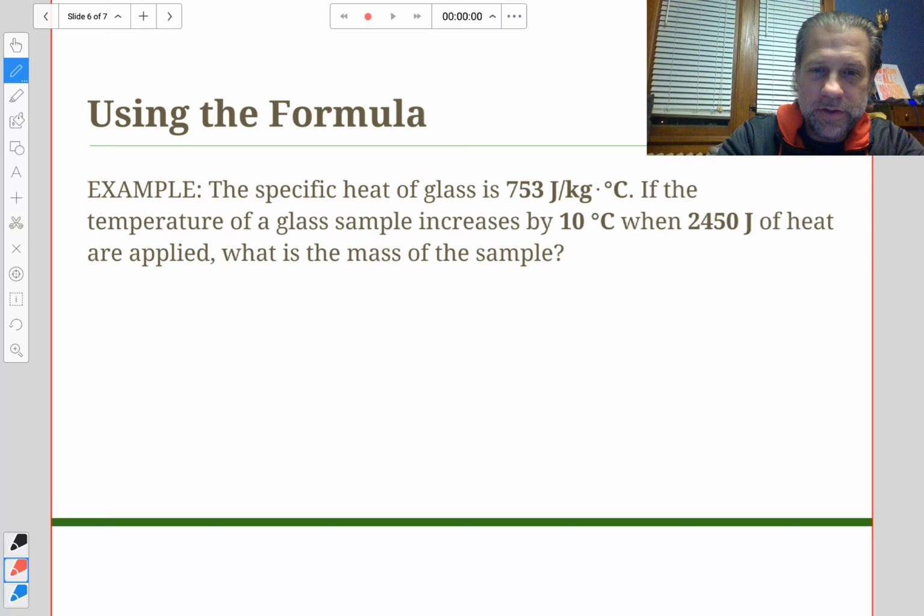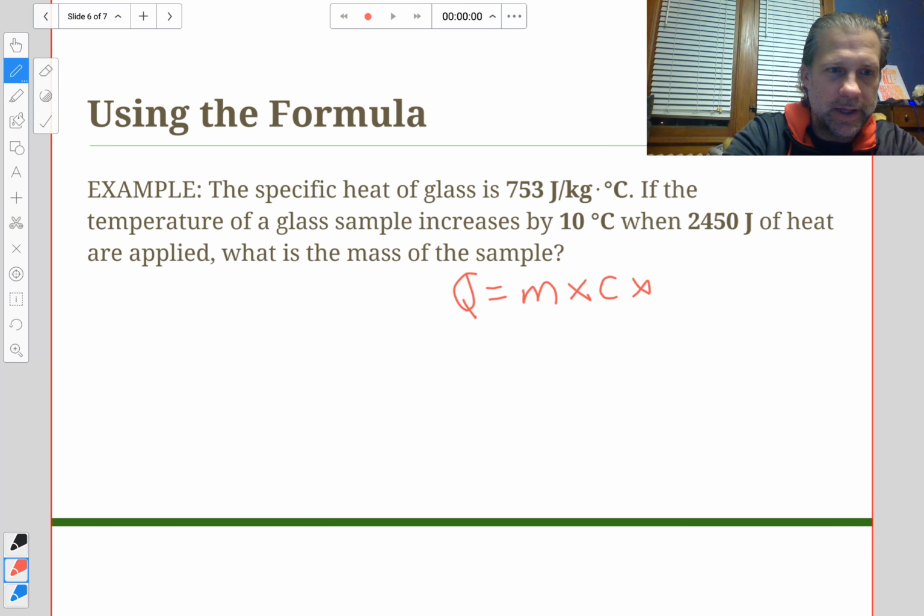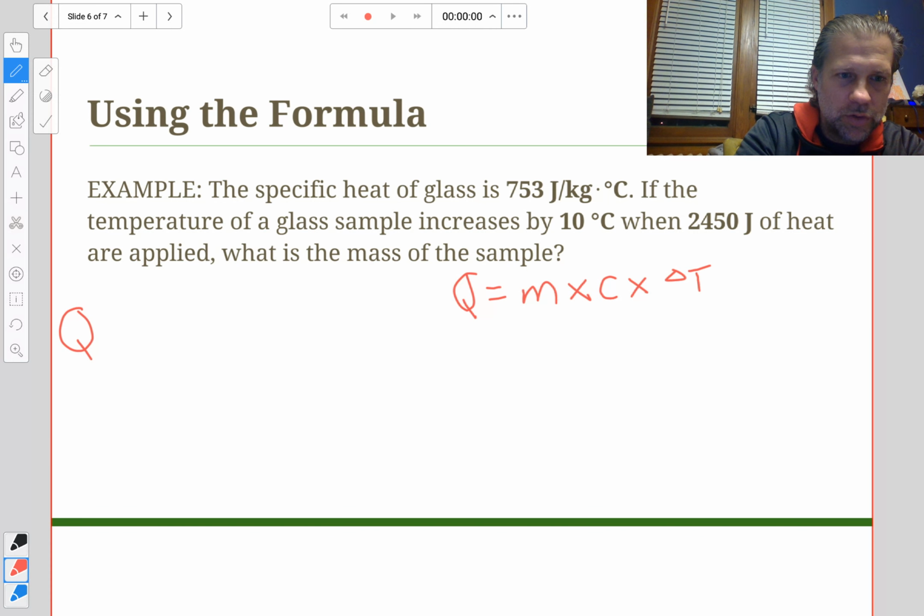Well, I want to use the formula Q is equal to mass times specific heat times change in temperature. So the first thing I'm going to do is identify my variables. Q, M, C, change in temperature.